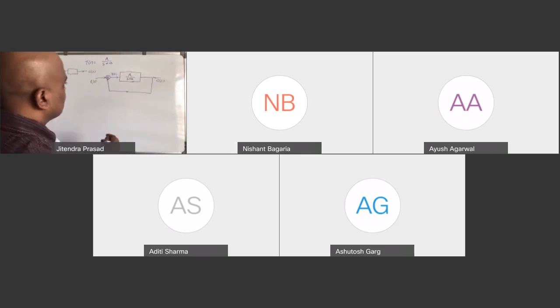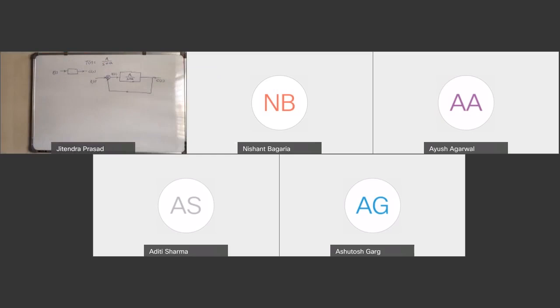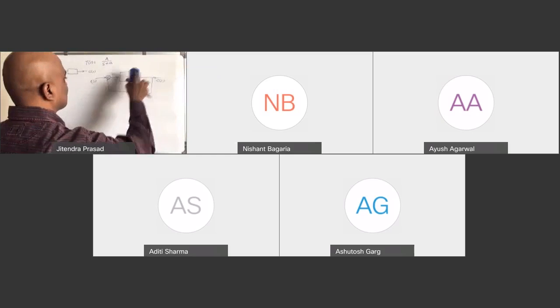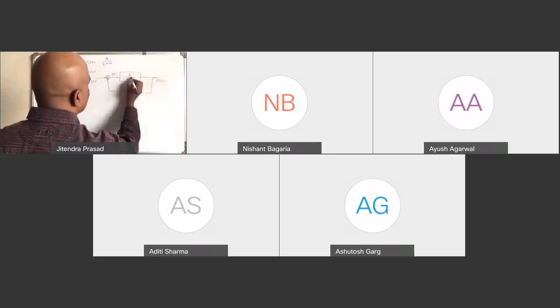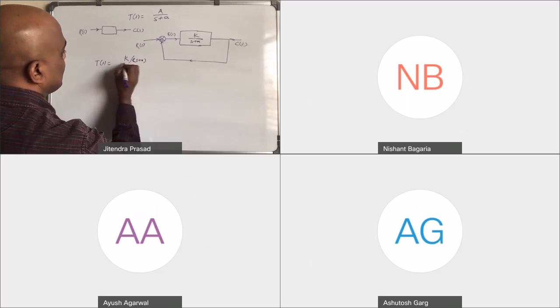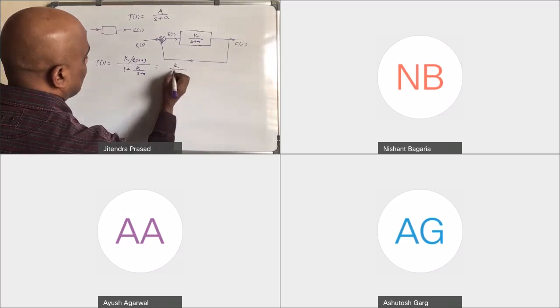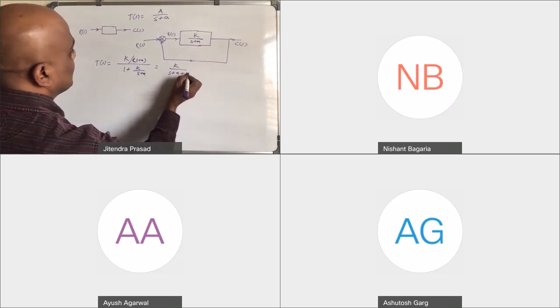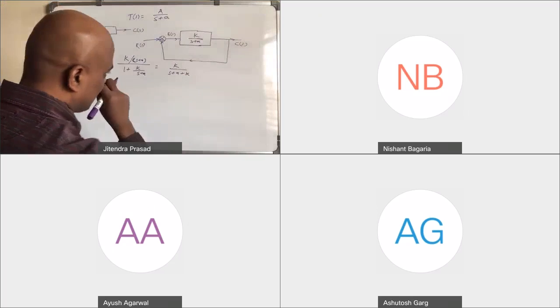Instead of A, I will write K, which has the usual meaning. The transfer function in this case becomes K over S plus A divided by 1 plus K over S plus A, which is equal to K over S plus A plus K. So this is the transfer function for the whole thing, which is equivalent to this.